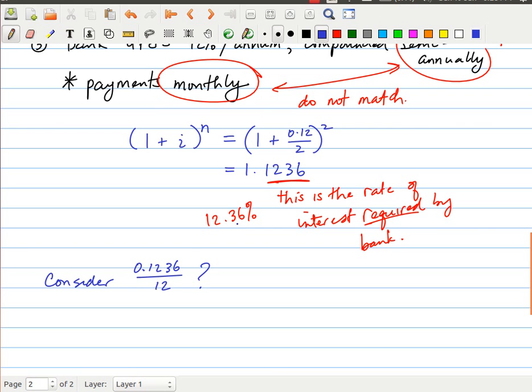Can't I just take this 12.36% and divide it by 12? Doesn't that work out? But it doesn't, because if we look at the interest over 12 months, that would be 0.1236 divided by 12. We would add 1 to that the way we always have, and then we would raise that to the exponent 12 for 12 payments.